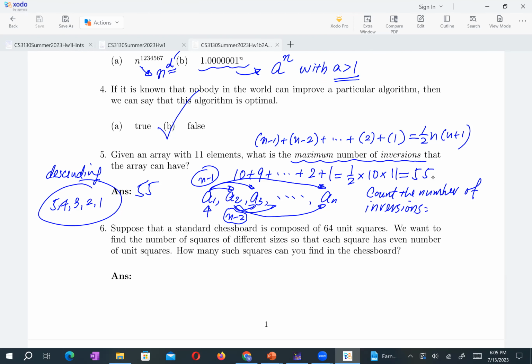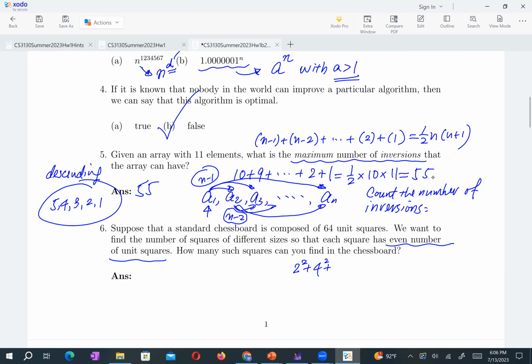This is a simple question, but so many students couldn't get full credit, only partial credit. Here, the condition is an even number of unit squares.